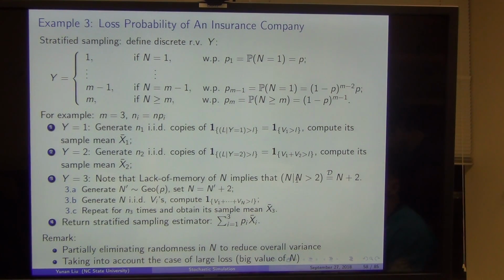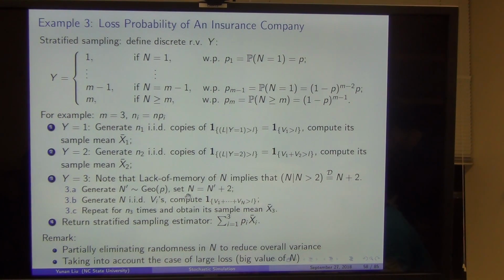Okay? So, what am I doing here? Step 3a is to figure out how to simulate the number of claims in the third case. This is different from the others. The others tell you exactly how many claims you have. You have 1 or 2. Here it's not 3. Here it's at least 3. So it's going to be 2 plus a brand new geometric. So your n would be n prime plus 2, where n prime is geometric.